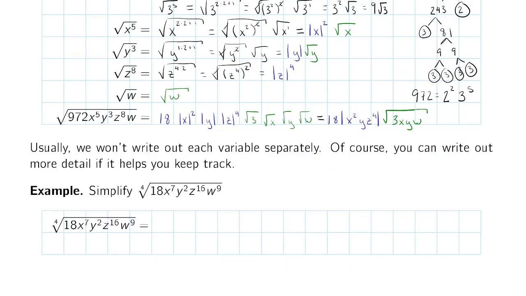So as an example of the way that we would typically write this, we have the 4th root of 18 x to the 7th, y squared, z to the 16th, w to the 9th.